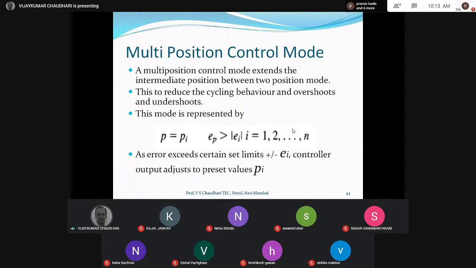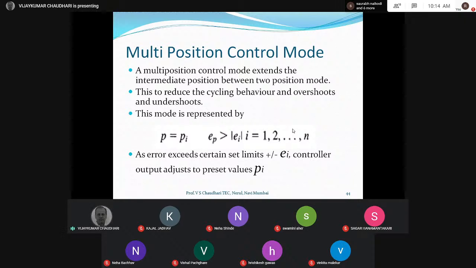The final control elements like valves or motors should also have those in-between step settings. So generally the three-step controller is more popular, not more than that.